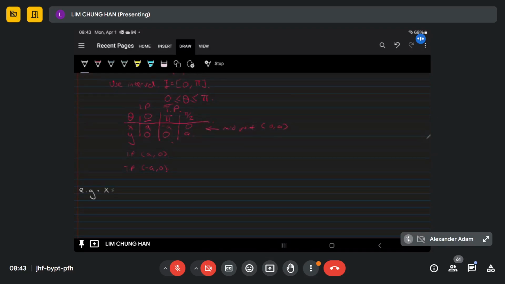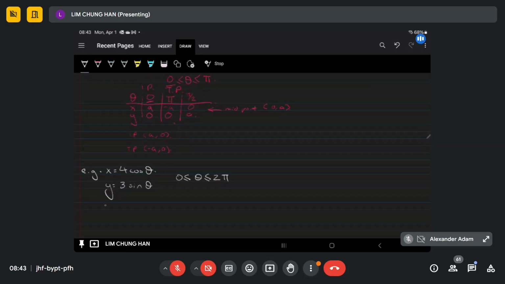So x equals 4 cos theta, y equals 3 sine theta, and the interval is from 0 to 2 pi.